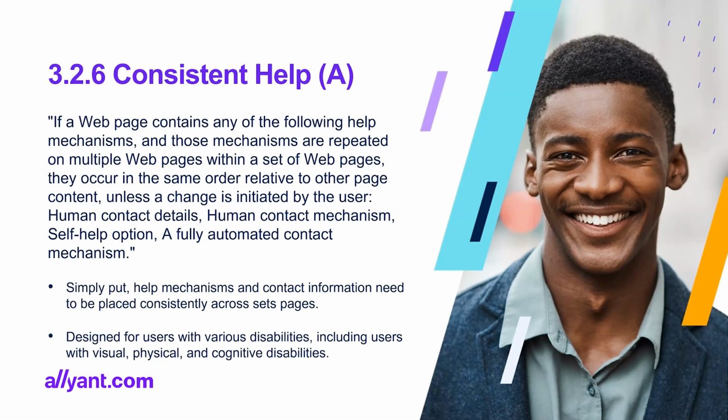Does a set of pages mean, on an e-commerce site, the homepage, the PDP, the PLP, the cart, the checkout flow, or does it just mean the checkout flow as a set of pages? That's probably an area that you could certainly debate. But the overall takeaway is provide your contact information and your help mechanisms consistently across your site, across your applications, as much as you possibly can. And the set might be something to debate.